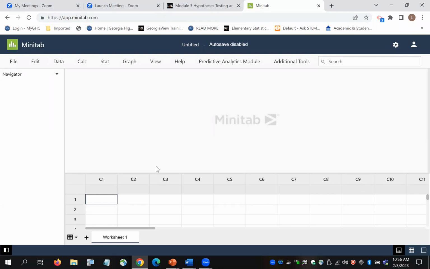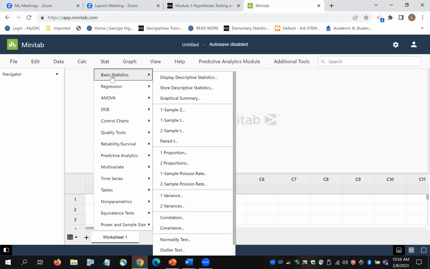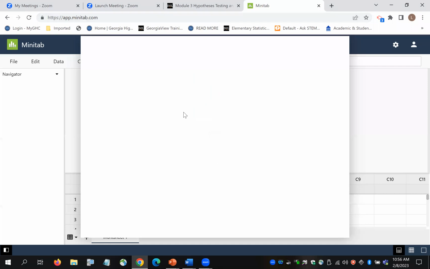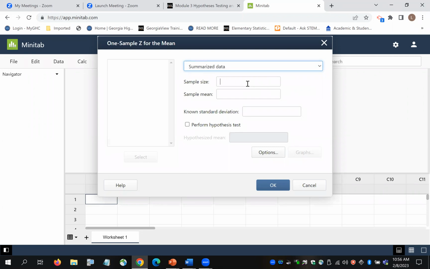Okay, so I'm in Minitab. I'm going to Stat, Basic Statistics, One Sample Z. Again, I have summarized data. My sample size was 37 bags. The sample mean was 435 grams.